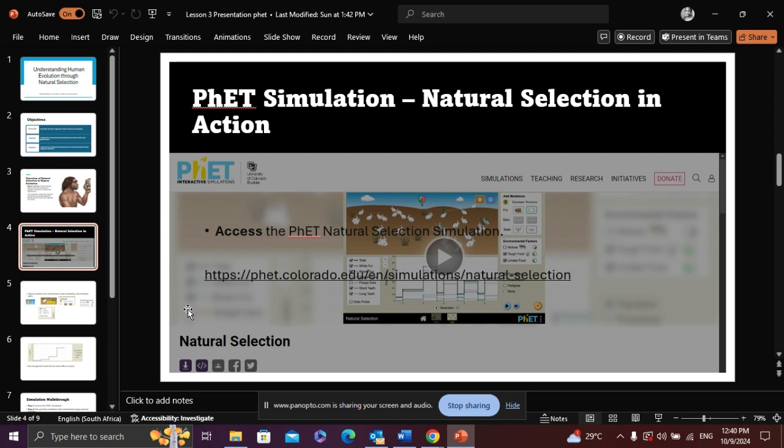To better understand the impact of natural selection on genetic traits, we'll use the PhET natural selection simulation. In this simulation, you'll control variables like food availability, predators, and mutations to see how traits like fur color or speed affect the survival of the rabbit population.